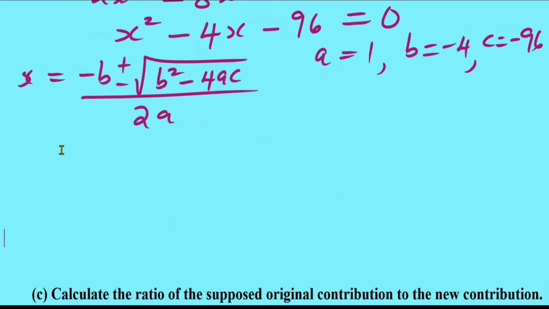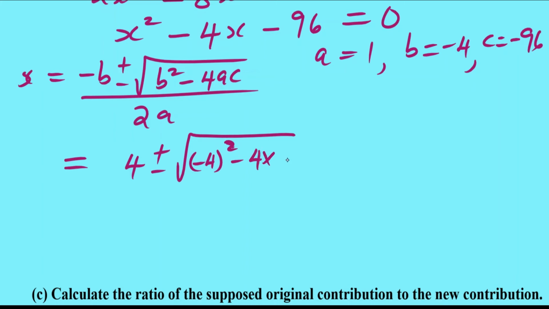Now we substitute these values in the formula. If we substitute these values in the formula, we get 4 plus or minus the square root of negative 4 squared minus 4 times a times c, everything divided by 2 times 1.